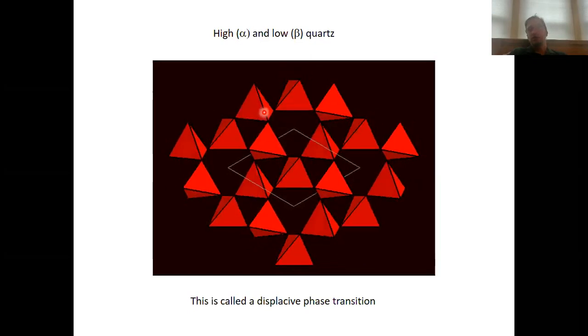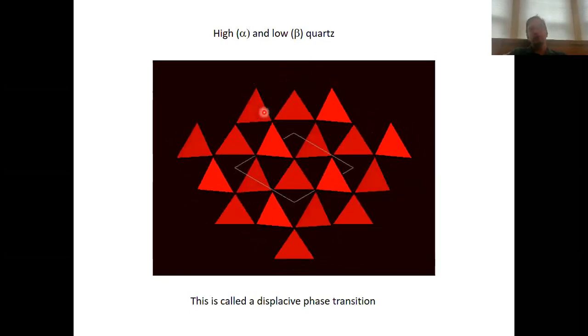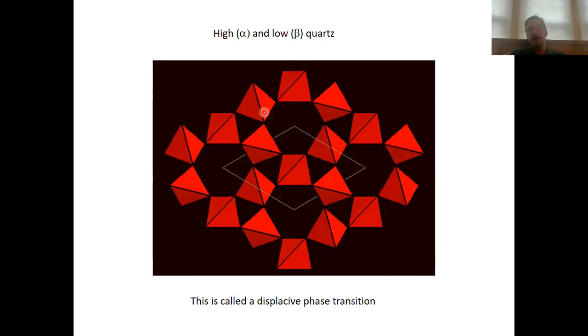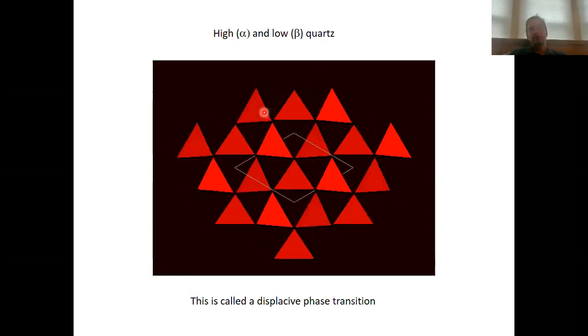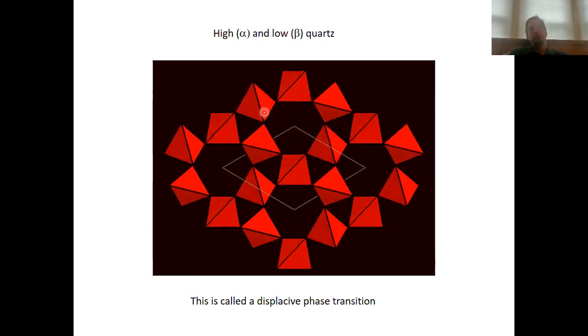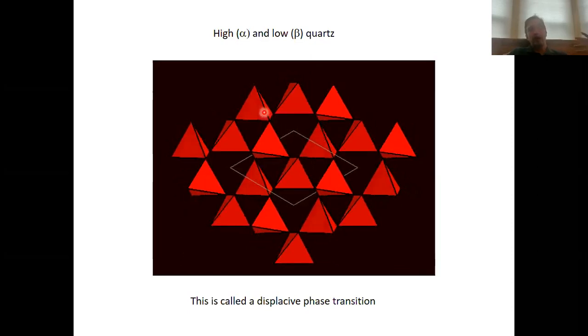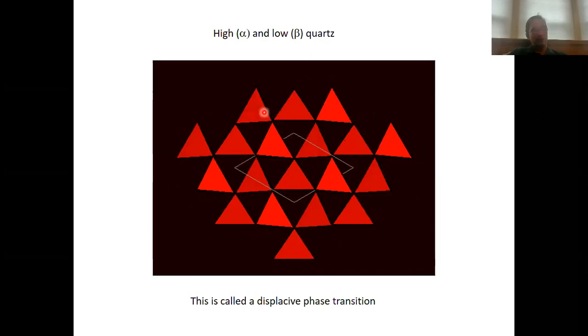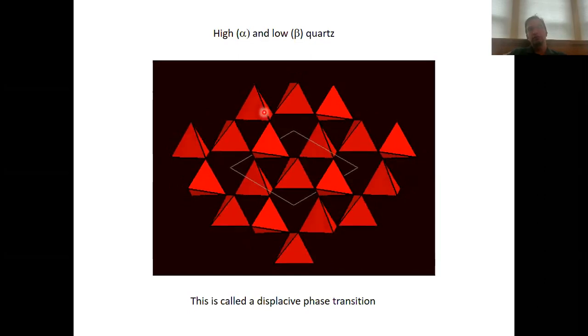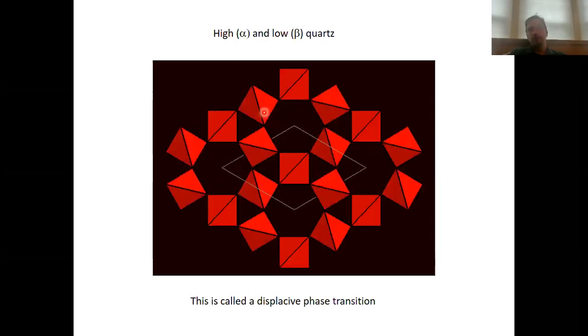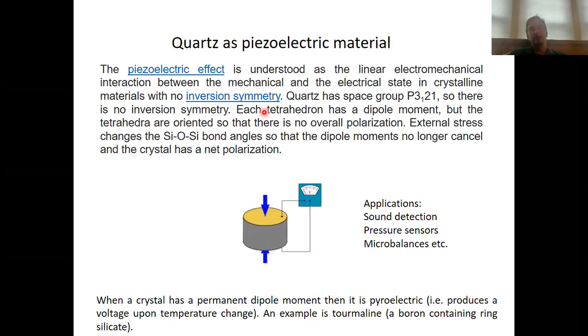For that reason, these reconstructive phase transitions are typically associated with significantly higher activation energies in comparison to the displacive phase transitions. So now, with the exception of the alpha to beta phase transition, all other phase transitions between the silicon dioxide polymorphs are reconstructive phase transitions.